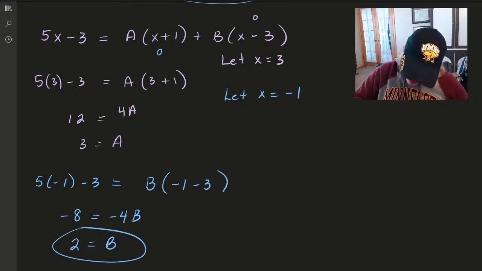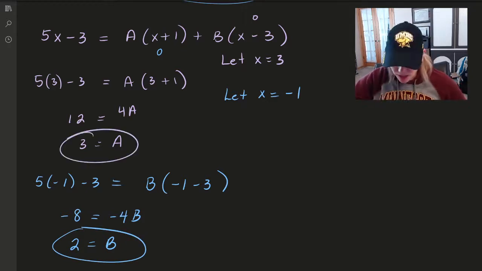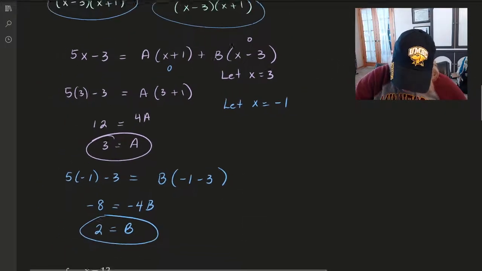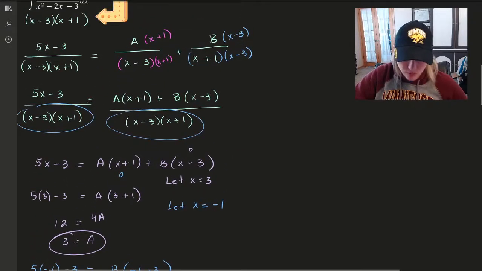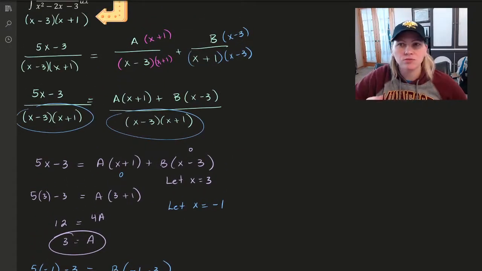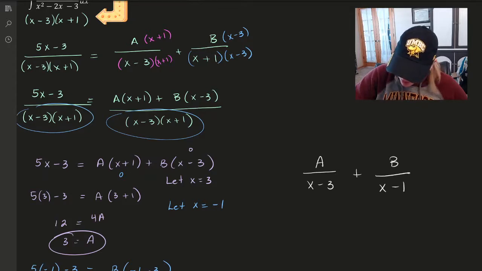So now that I have b, and now that I have a, I'm going to go back up and show you why this partial fraction decomposition is so valuable. If I zoom out a little bit here, remember that I started with a over x minus 3 plus b over x minus 1.